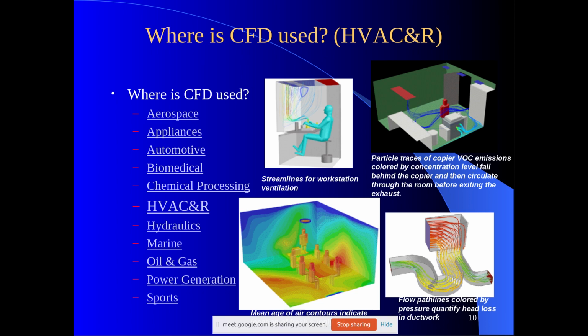We consider different inputs like the ventilation, the windows, the people inside, the number of people inside it, the heat from the people. If you have computers in the room, that also can be taken as an input. So different factors can be considered for proper design of the air conditioning system.